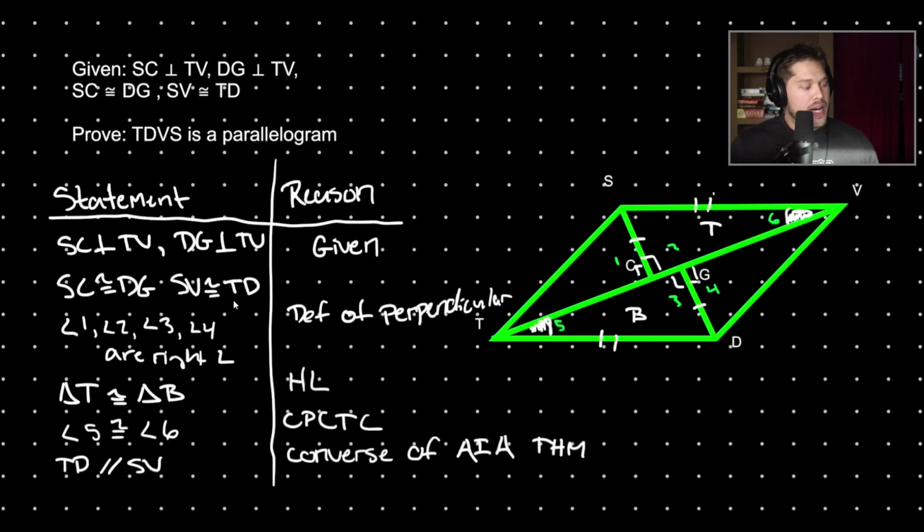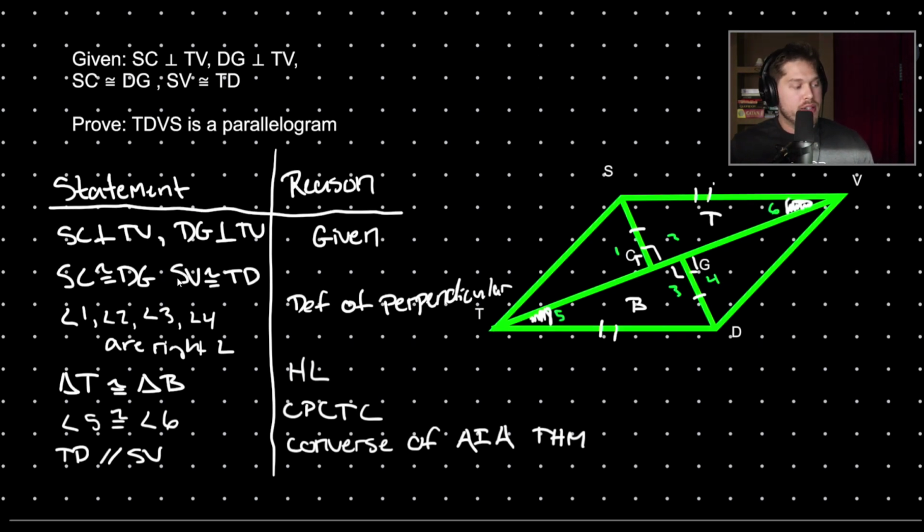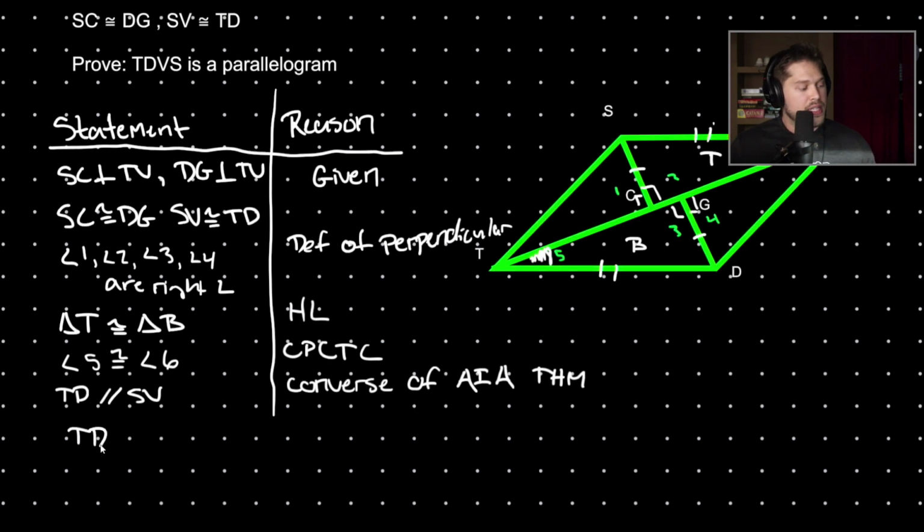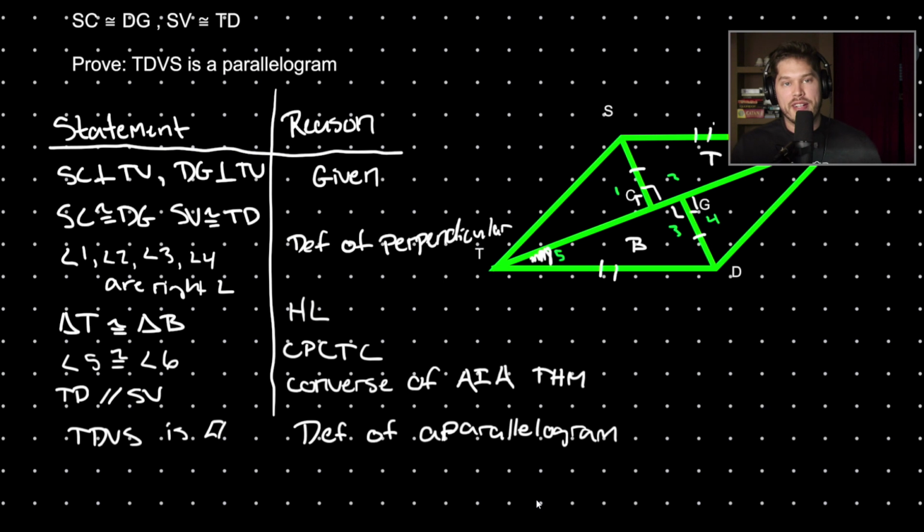Therefore, by definition of a parallelogram, shape TDVS is a parallelogram by definition of a parallelogram. Excellent. So that was our first proof.